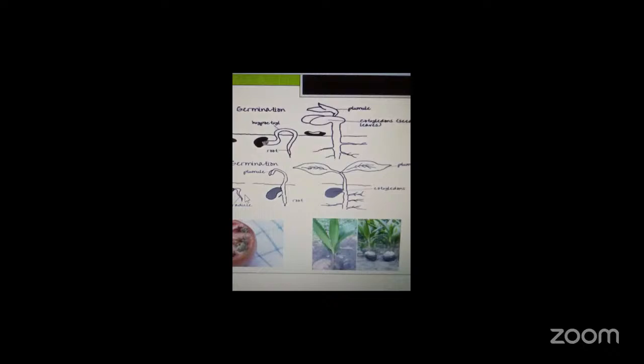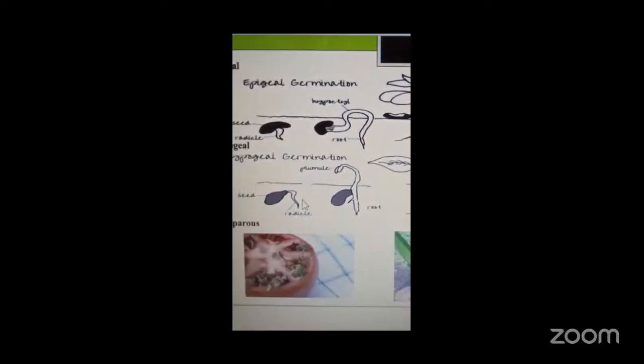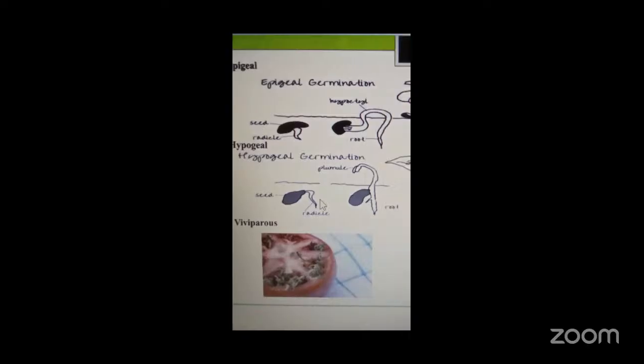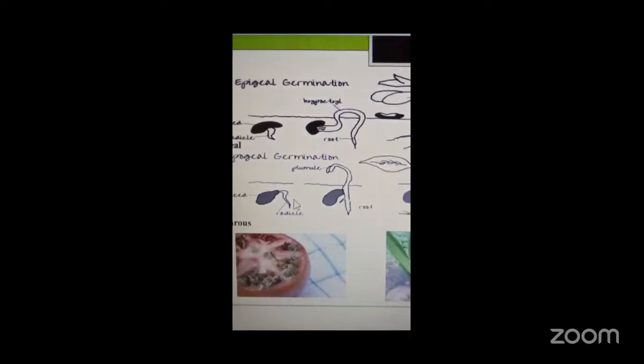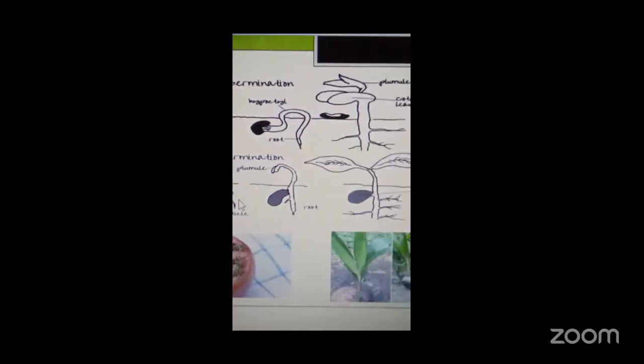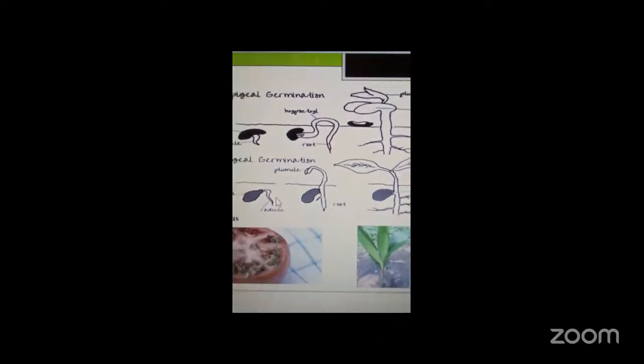That is epigeal. The hypogeal germination happens below the soil. That is hypogeal.